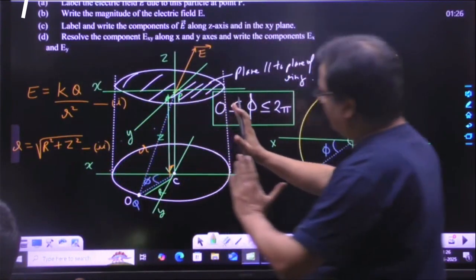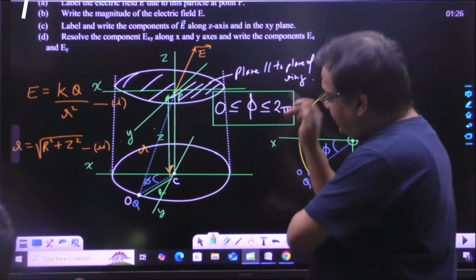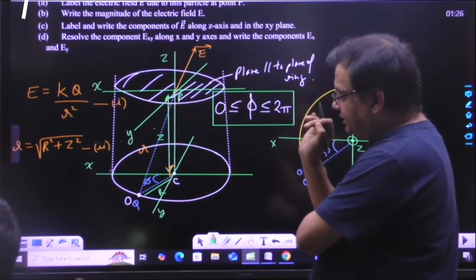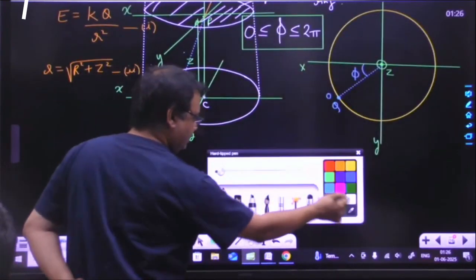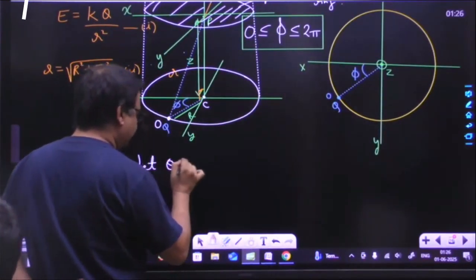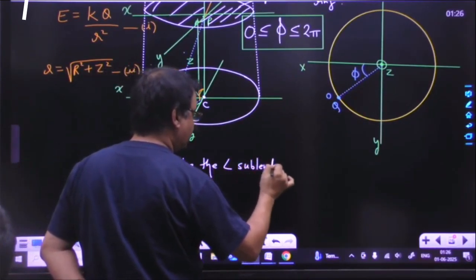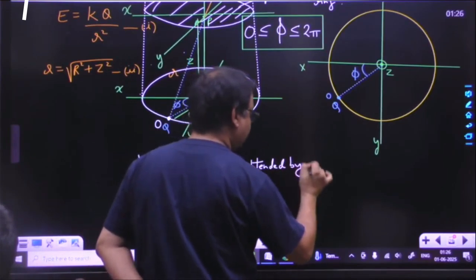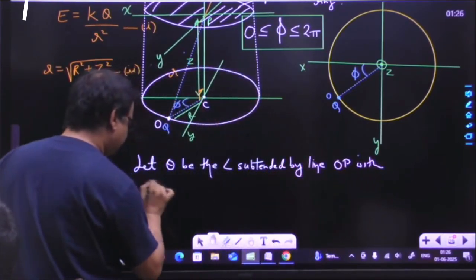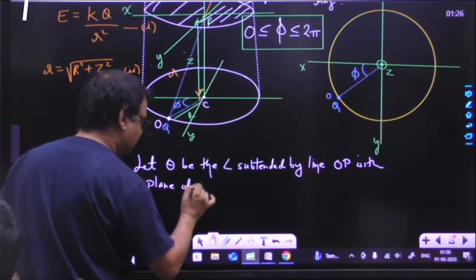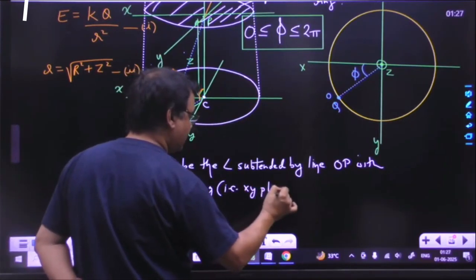Now how will we find the component of vector E in the horizontal plane? Say the line OP makes an angle theta with the plane of the ring. Let theta be the angle subtended by line OP with the plane of the ring, that is, the XY plane.